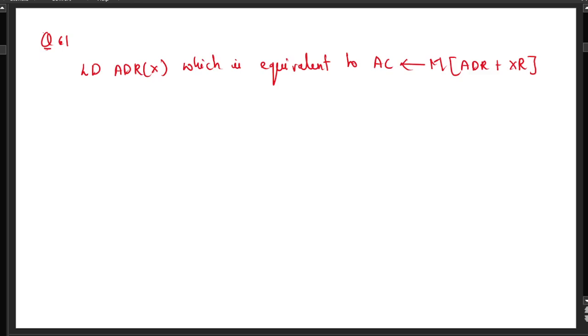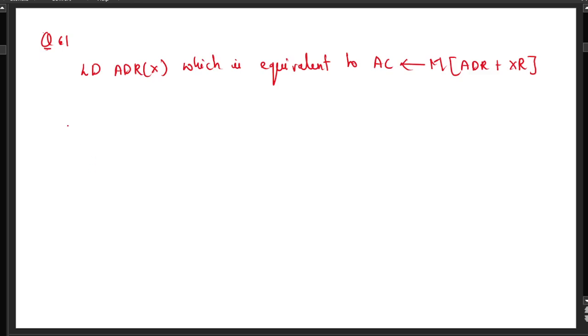Now additionally I will tell you about direct addressing mode also. The operand's address is given explicitly within the instruction. For example, LD 500 means load the content of memory location 500 into AC. And indirect addressing mode means the address field of the instruction points to the memory location that contains the effective address of the operand.